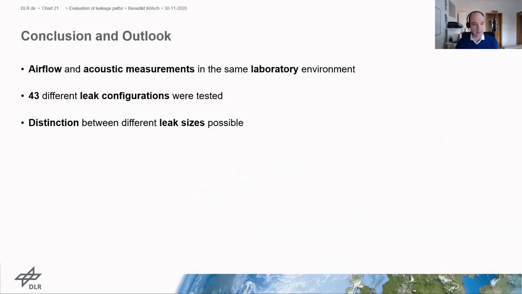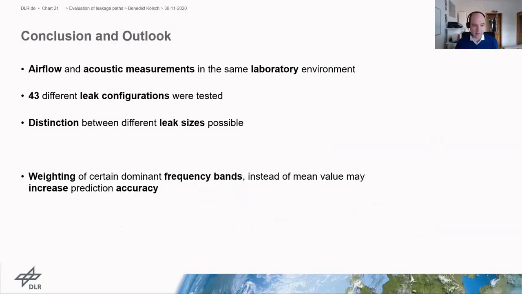But up until now, we only took the mean value over the whole frequency range. With an identification of possible dominant frequency bands within this analysis and a weighting, we hope that we might increase the prediction accuracy in future analysis.